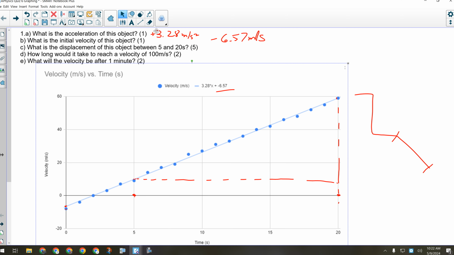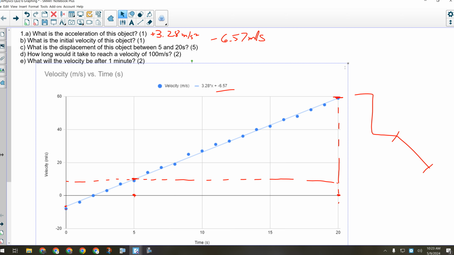Here's the problem. I don't know how high the box is yet. I also don't know how high the triangle is yet. Can I get those two numbers? Yeah, because their heights are just y values, and I know what time they occur at, 5 seconds and 20 seconds.